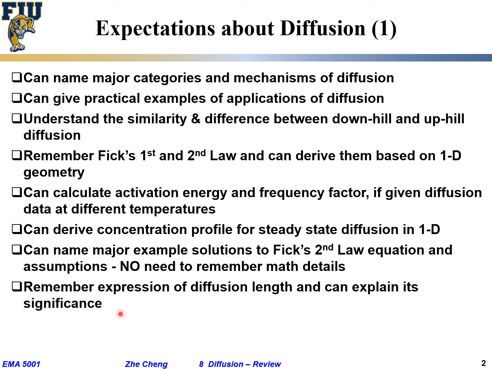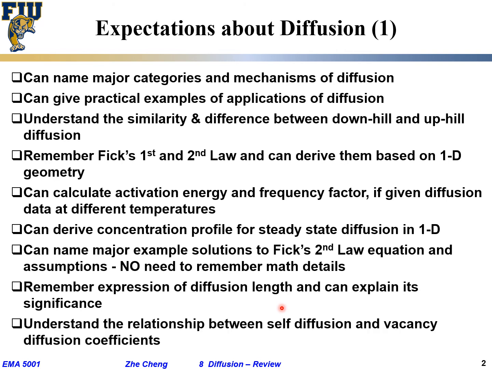It's kind of an approximation of the depth within the material that is impacted or significantly changed by the diffusion phenomena, and is a result of two factors. One is diffusion coefficient, one is time. Of course, the longer the time, the longer the diffusion length. And at the same time, the higher the diffusion coefficient, the longer the diffusion length. But its relationship is square root of Dt. Not linear, but square root of D times t. Okay?